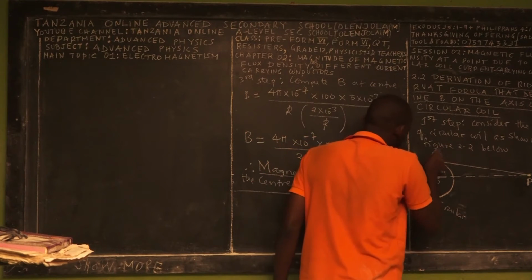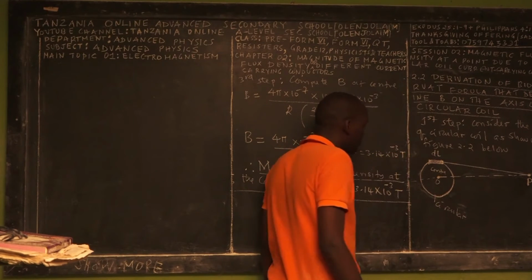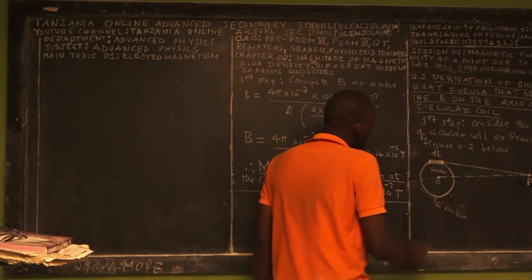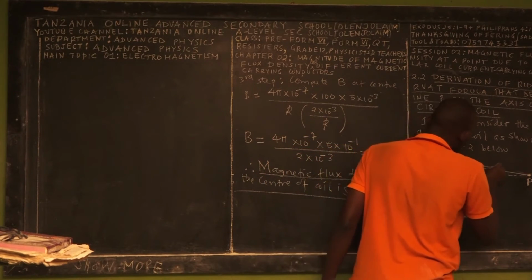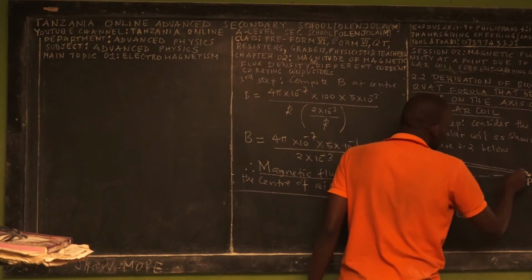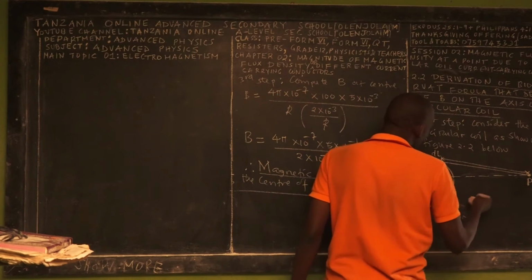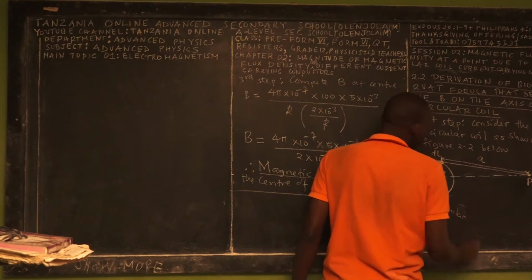For those students who would like to understand, that's great. We are here to help you, to transform you, and to change your mindset. So suppose the distance from dl to P is a.